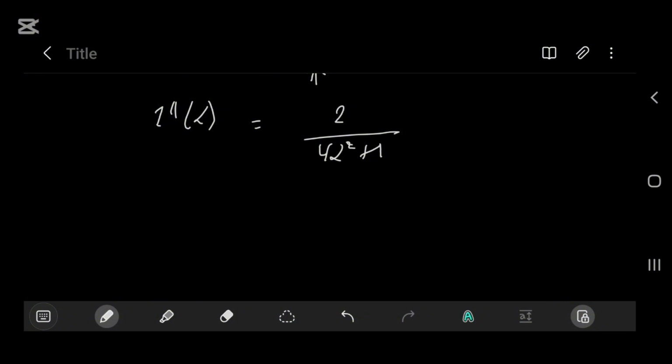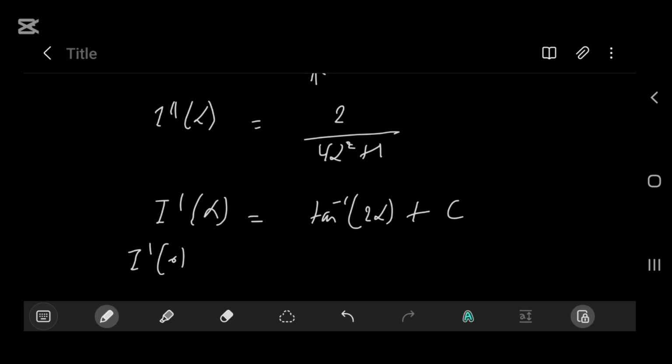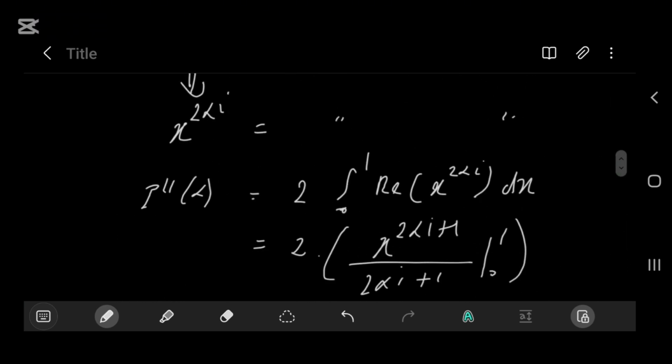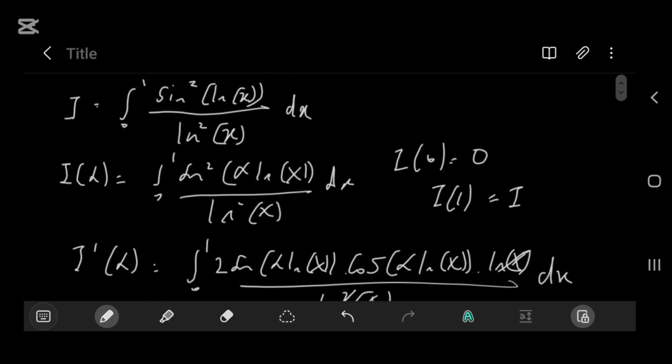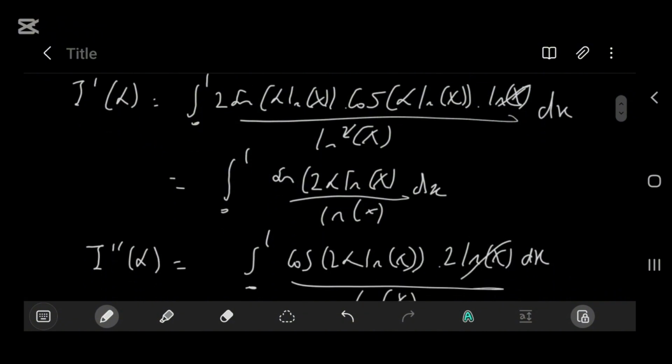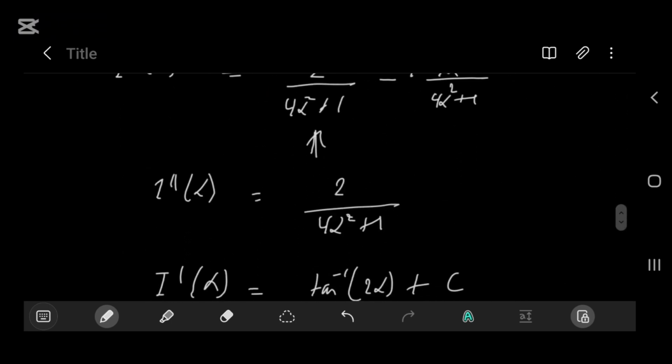In that case, we get I prime of alpha equals the tan inverse of 2 alpha plus any constant. And we also know that I prime of 0 is pretty much 0, because the sine of 0 gives us 0, so we don't need to worry about that anymore.